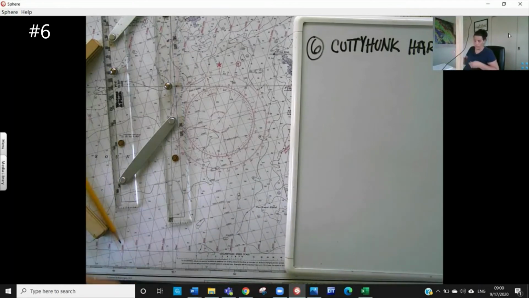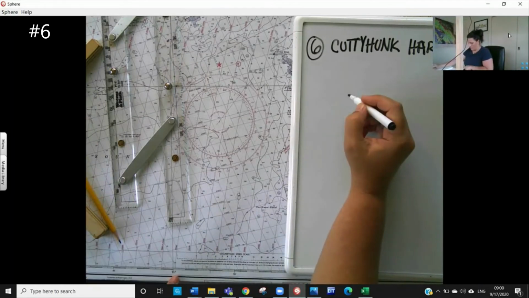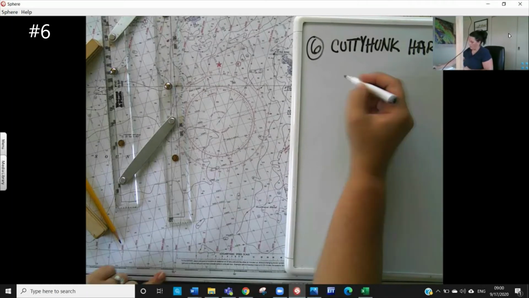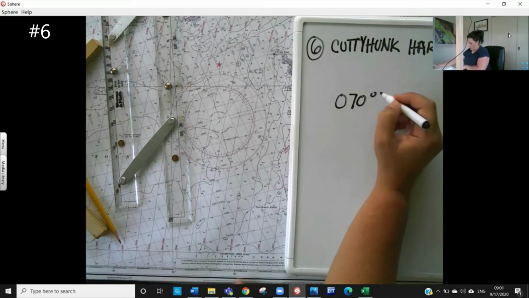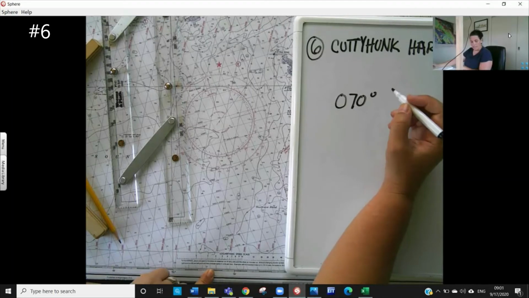I did longitude first for some reason on this one. This is 71, and the positive side of 71, this would be 070 on this side. So my longitude would be 070, 55, 56, 57. So pretty much 57 even.